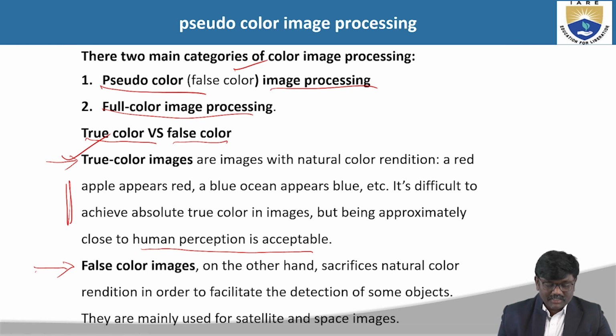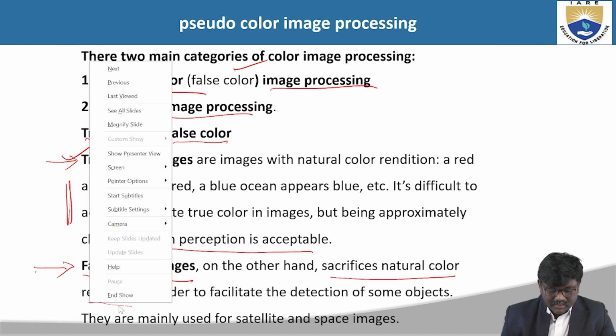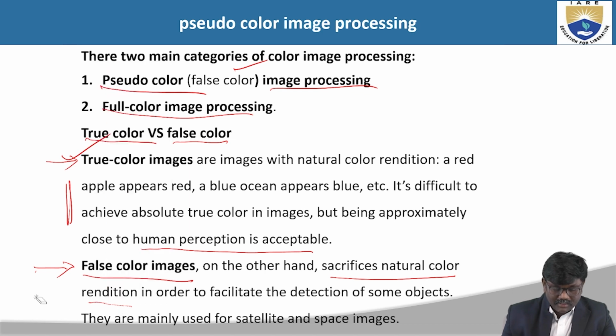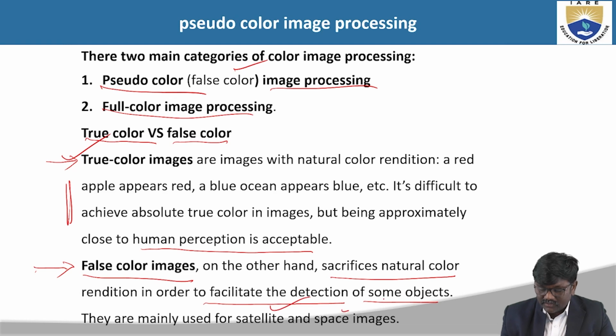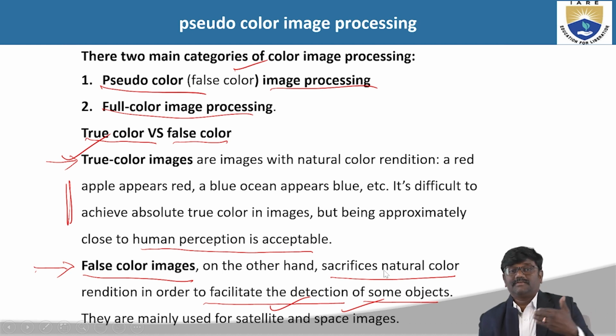Whereas the second approach, false color images, sacrifices the natural color rendition in order to facilitate the detection of some objects. They are mainly used for satellite and space image processing. So you can understand the major distinction in color image processing between true color images and false color images.